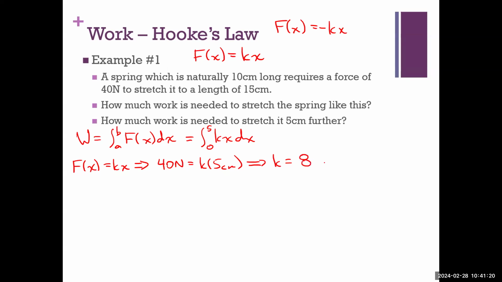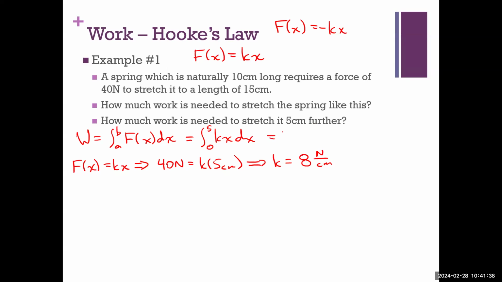And I'm going to be very clear about units: 8 newtons per centimeter. Which is totally fine to talk about work or things in distance units that are not meters. We just have to be consistent with it.